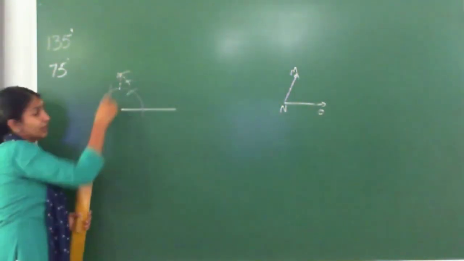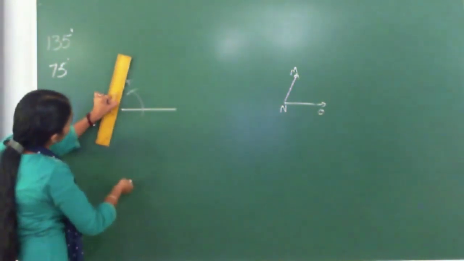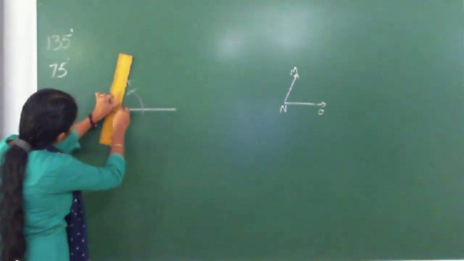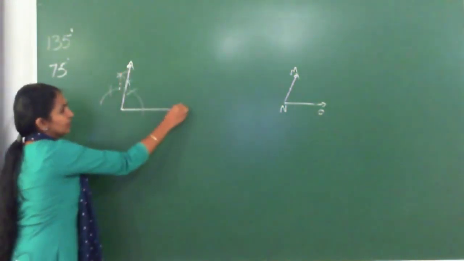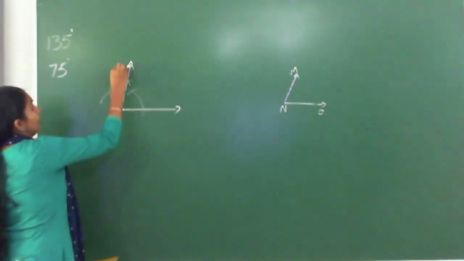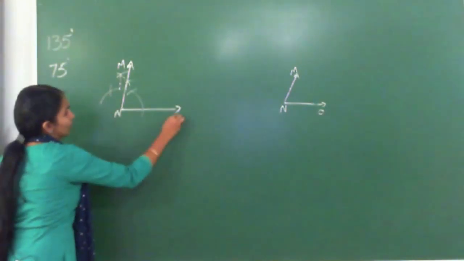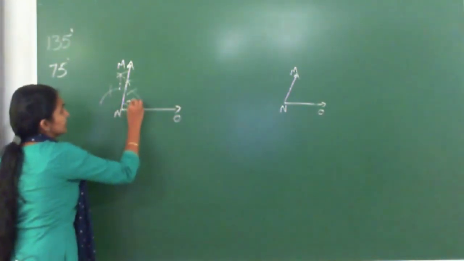We got it, now we can join with this vertex. This is the required angle MNO and it is 75 degrees.